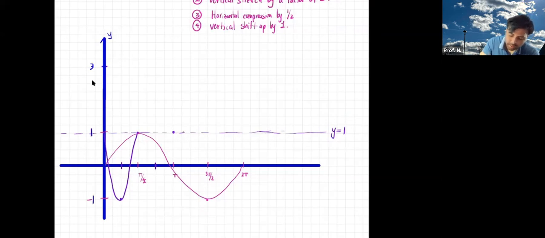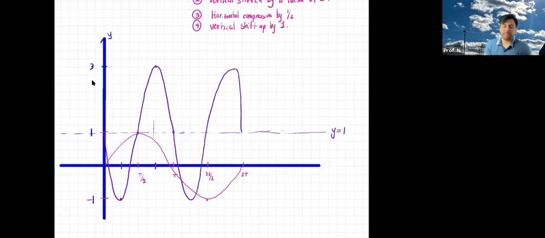So then this is my midline. I still have to go up. My maximum here will be at 3. And this will be my new curve. And then I'll just have this repeated again, right? So this is going to be my new curve. Y equals -2 sine of 2x plus 1.